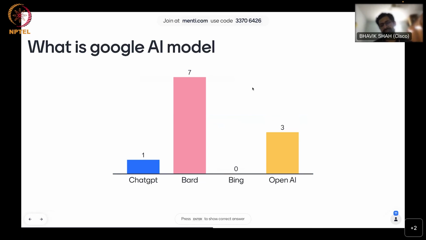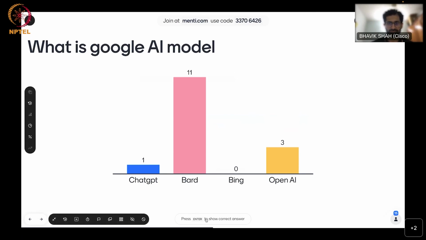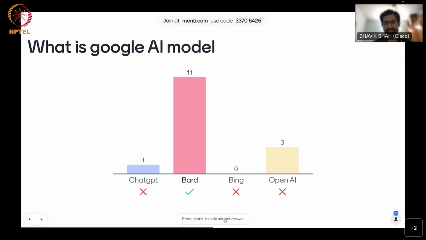Okay. So yeah, most of them got it correct. So it's Bard. It's not OpenAI. OpenAI is from Microsoft, and the founders of OpenAI, I think, included Tesla Motors. But yeah, Google came up with its own model, Bard, and OpenAI is itself ChatGPT, right? And Bing is from Microsoft, where they're integrating Bing with ChatGPT. Okay. So Bard is correct. Perfect.